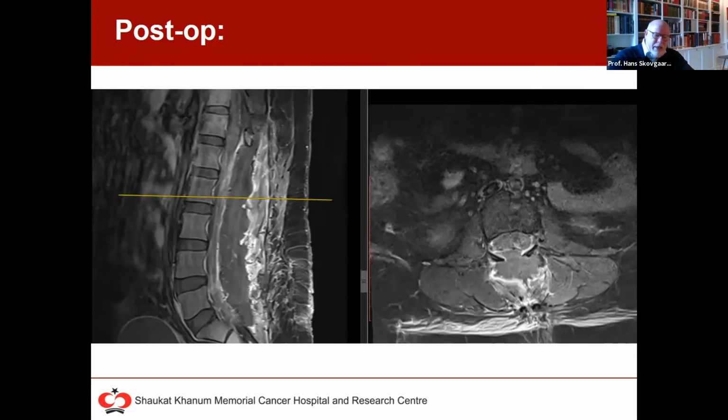Also, if you don't have proton treatment, you have a big chunk of normal tissue that you have to include in your radiation field, and these patients are living for a good length of time, and then they can have severe side effects.